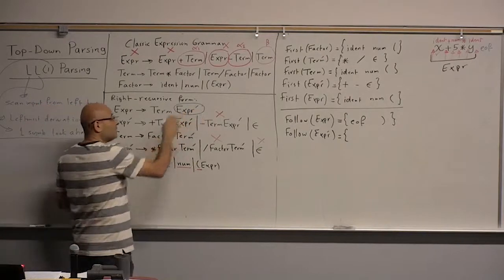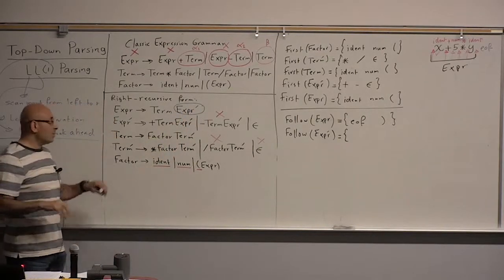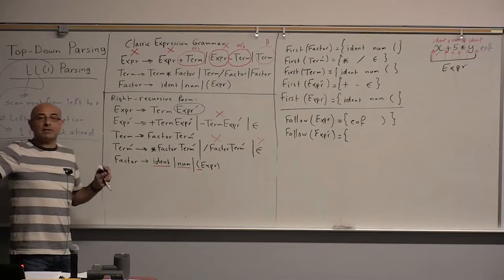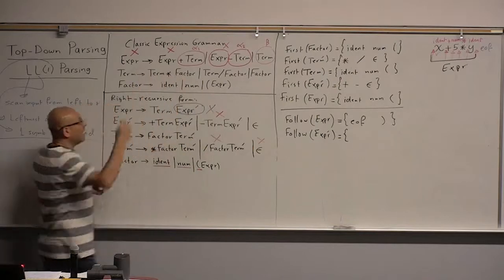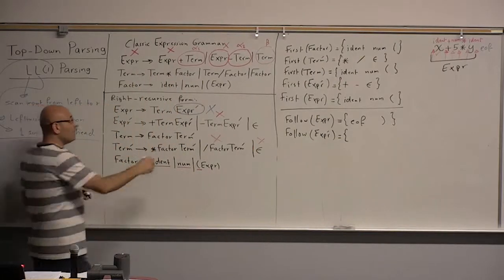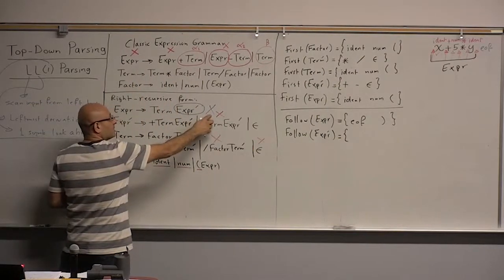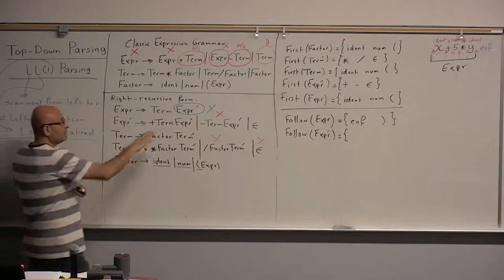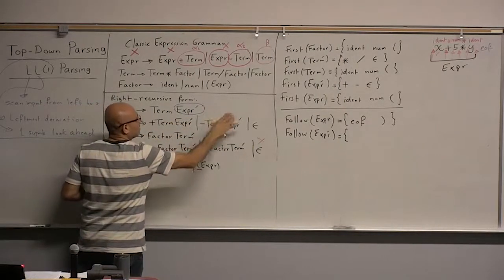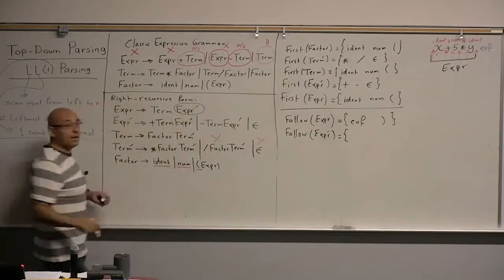Here, nothing comes after it. If I had an x after expression prime, I would have put the first set of this x into the follow of expression prime. But nothing appears after expression prime, so I don't have to worry about this.